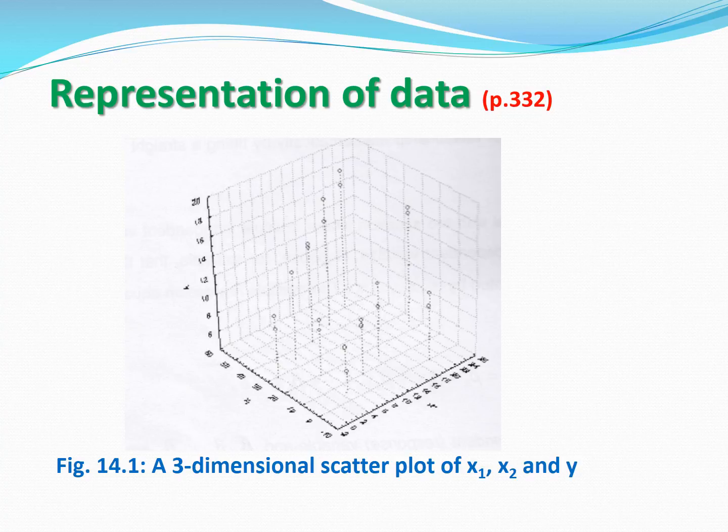But the concept of least squares still applies here. So the computer will minimize residuals to obtain the best multiple regression equation. That means that the distances between the actual observations and the flat plane that is fitted will be minimized.